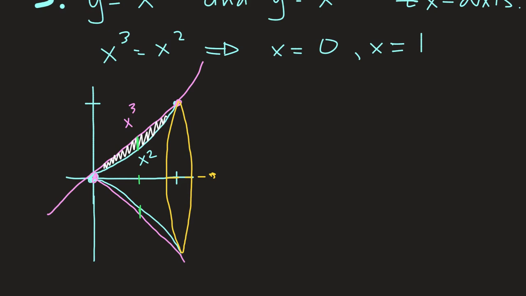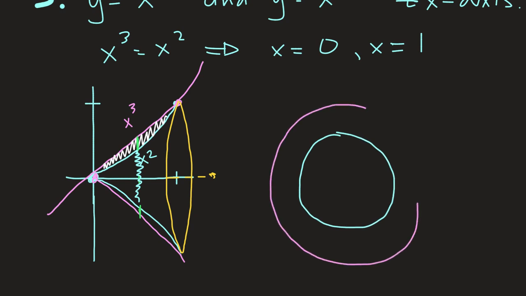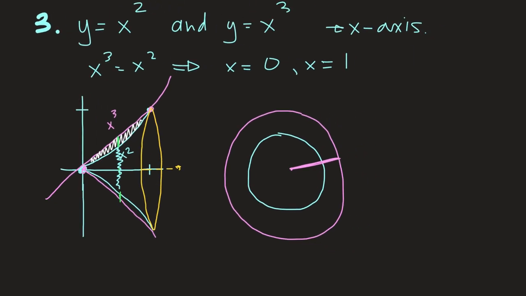We have the inside, which comes from the graph of x squared. That's the distance in between here. And we have the outer circle from x cubed. Now we need to know what the outer radius is, and then we'll talk about the inner radius.